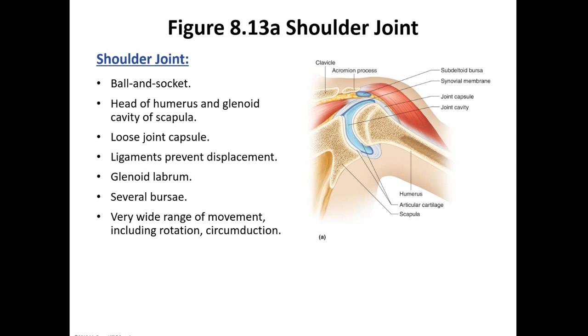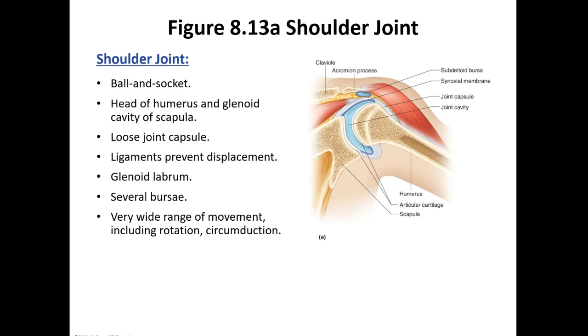You can see diagram A showing us the head of the humerus inside the joint cavity, the glenoid cavity of the scapula. The glenoid cavity has this space inside of it that allows the head of the humerus to articulate. They are not really tight, but there's a space between them that allows for movement.